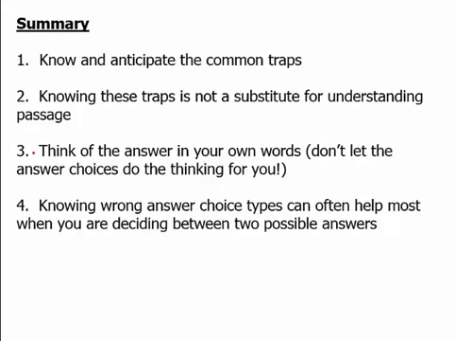So in your practice or your study sessions, when you get something wrong, don't just say, oh, it's wrong. Say it's wrong because it's one of these wrong answer types, and oh, look, in general, I tend to be fooled by this wrong answer type. Having that sort of knowledge and that breakthrough is one way you will get better at the reading comprehension passages.